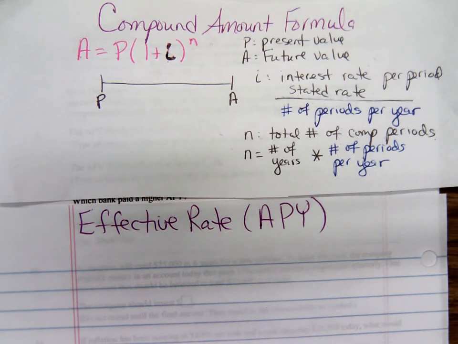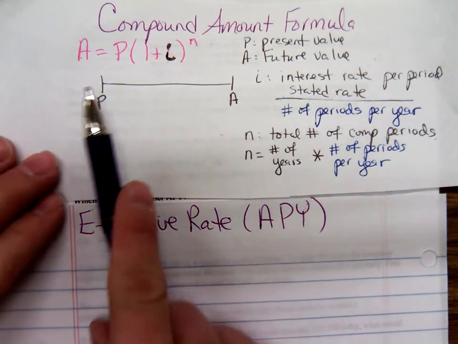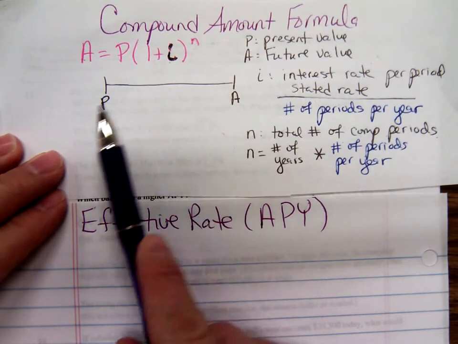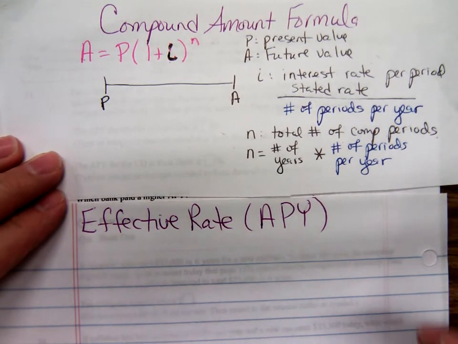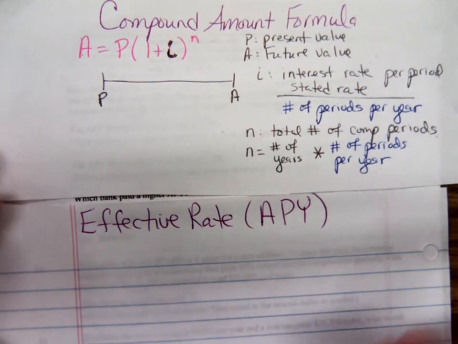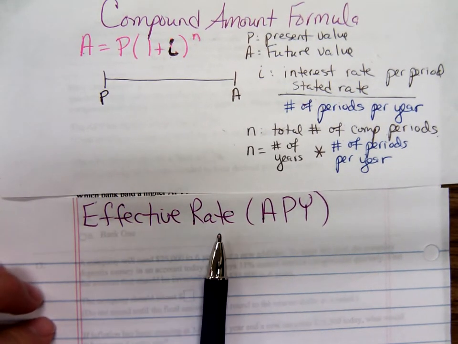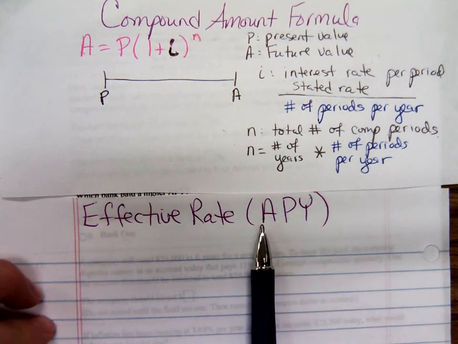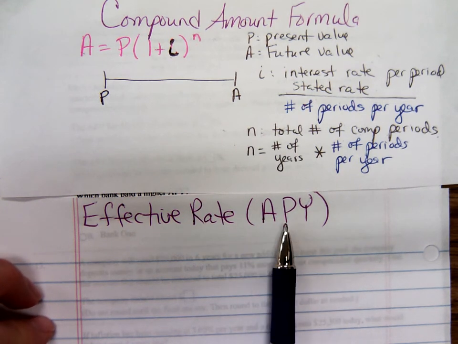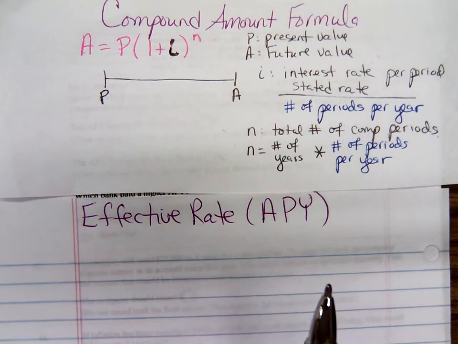This is Mr. Precella picking up after our break, discussing the compound amount formula. I'd already stated the formula and we've done some examples of it in the first part. And now I want to state something that economists refer to as the effective rate, or you might hear it called the annual percentage yield, not the annual percentage rate.